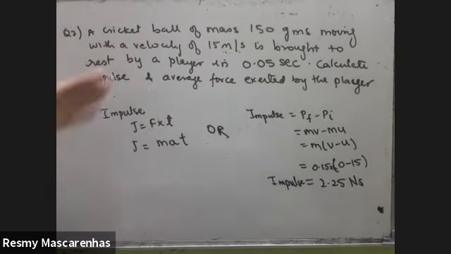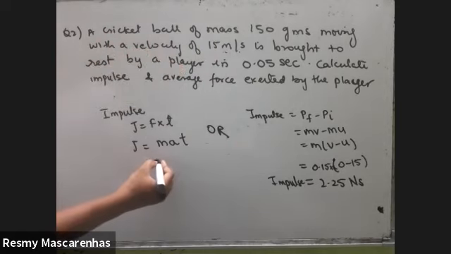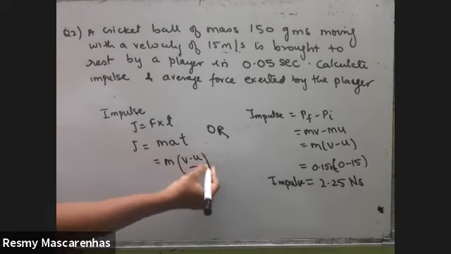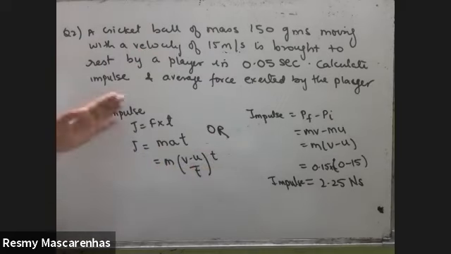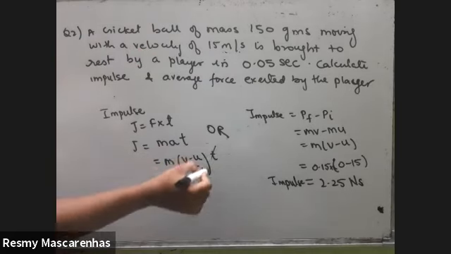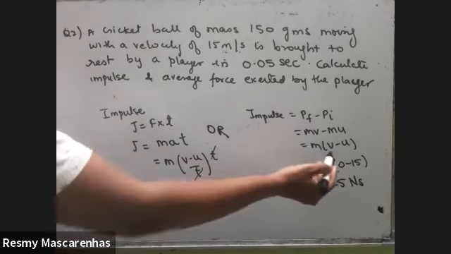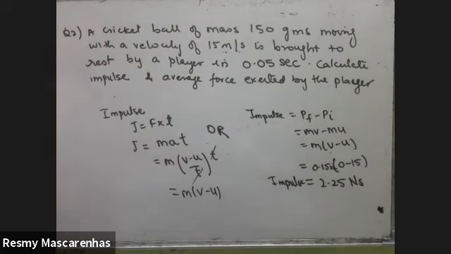Again, the acceleration is not given. The acceleration is what? V minus u upon t. This is like the same derivation type. Then t and t will cancel, so basically you end up at the same formula, and you'll get the same answer.